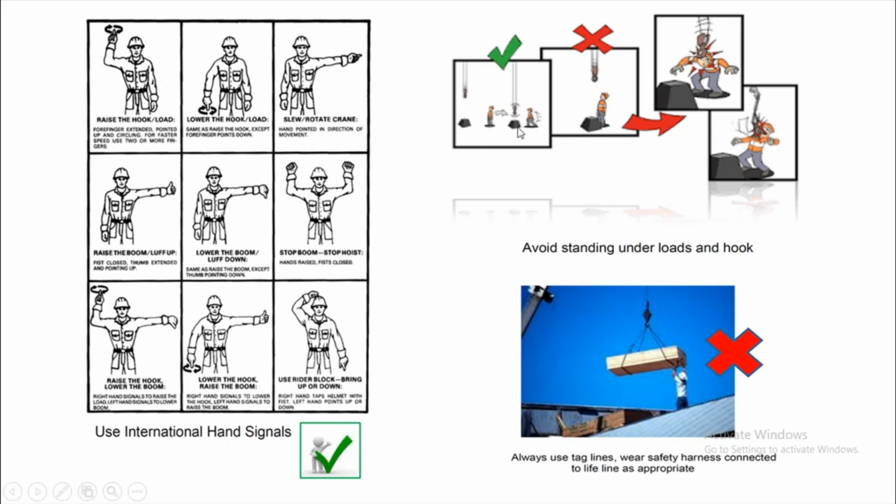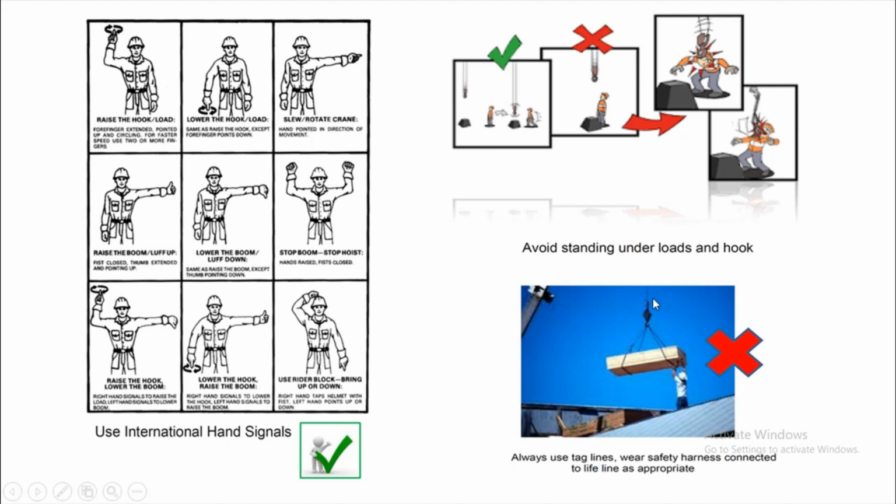So as you can see on the sketch here, there is a load falling down, and if the load falls but the rigger is at a safe distance, that means it's a near miss. But when the rigger is under the load or the hook, it is not acceptable.